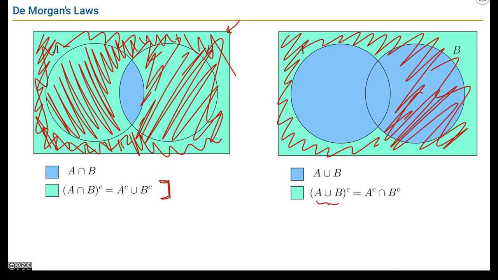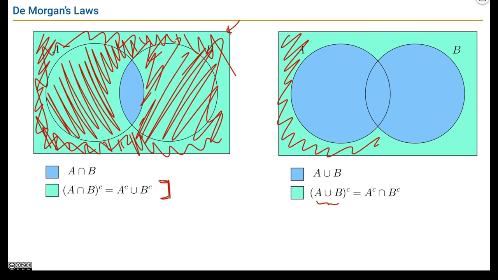That's going to end up giving me just the green area that's shaded. So practice or shade that yourself if you're trying to visualize that a little more. But that's a useful connection between unions, intersections, and complements.